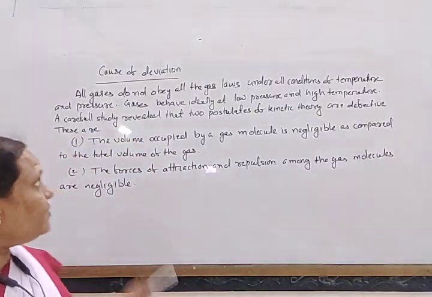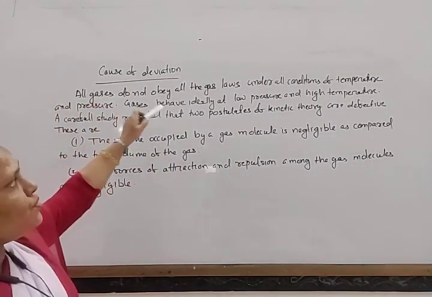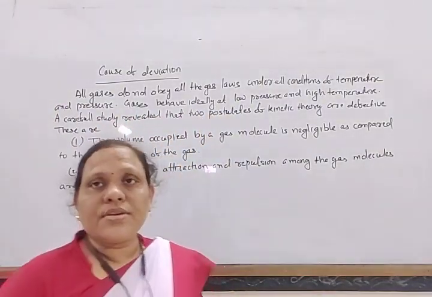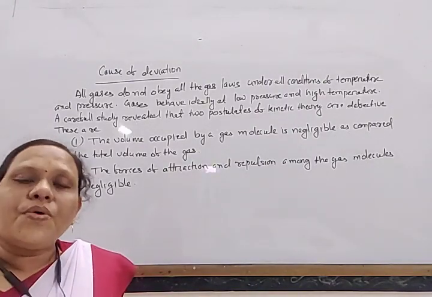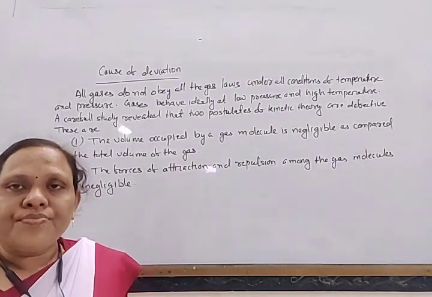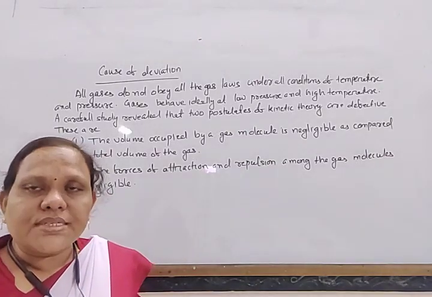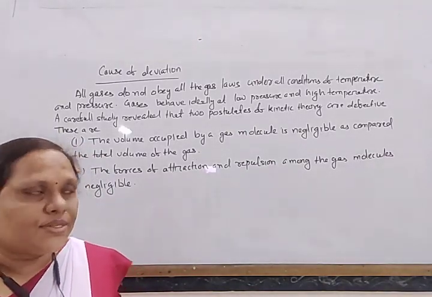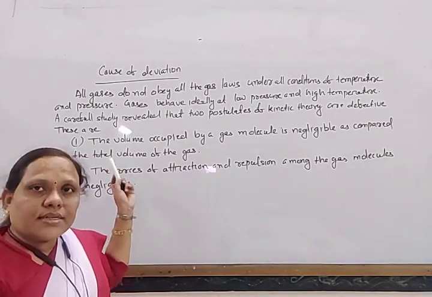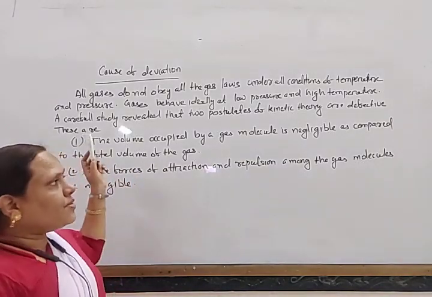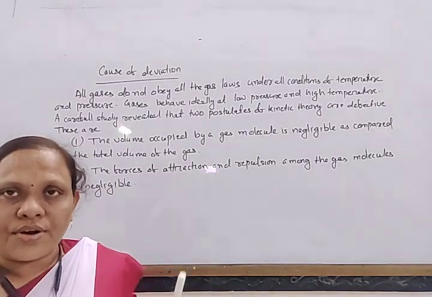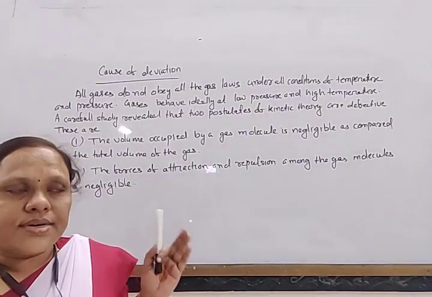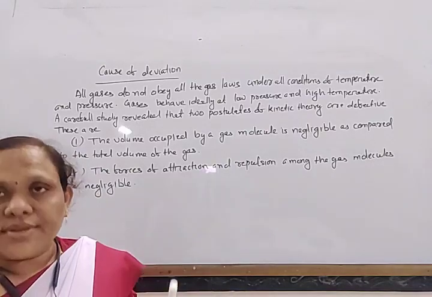The cause of deviation: all gases do not obey all the gas laws strictly under all conditions of temperature and pressure. They behave ideally only at low pressure and high temperature. So what is the cause? When we study carefully, we find that two faulty assumptions are found in kinetic theory.